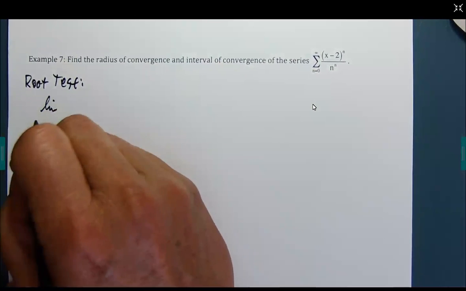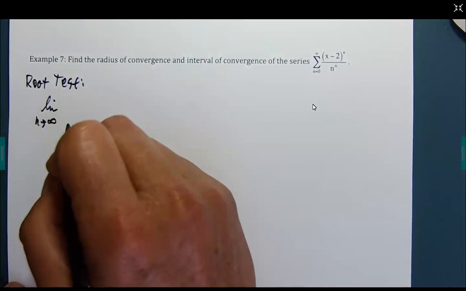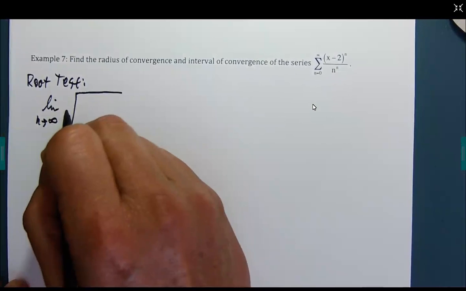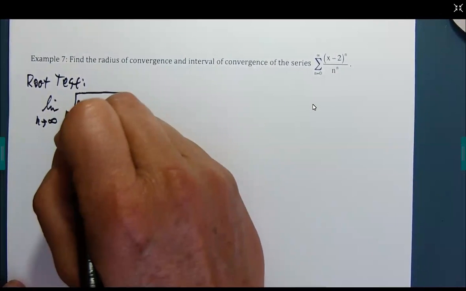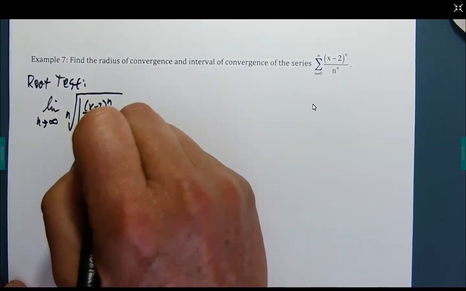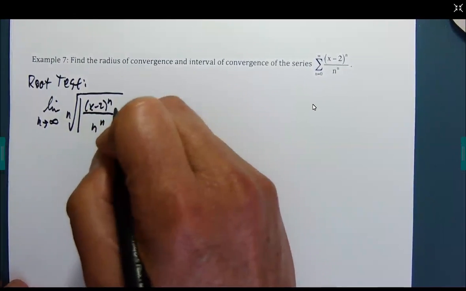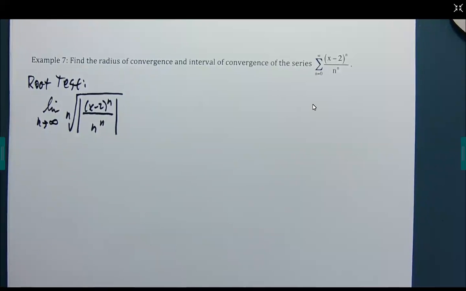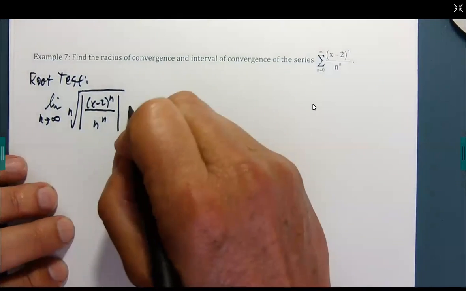This becomes the limit as n approaches infinity of the nth root, the absolute value, x minus 2 to the n over n to the n. By the way, you could try doing this using the ratio test. It's going to get really, really messy, really, really fast.